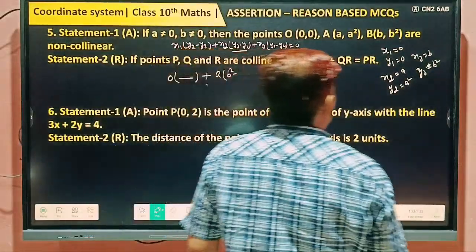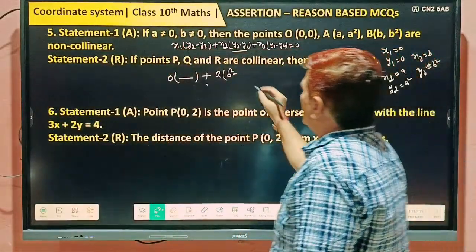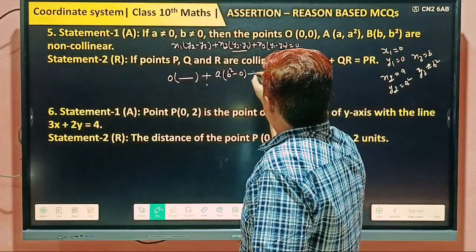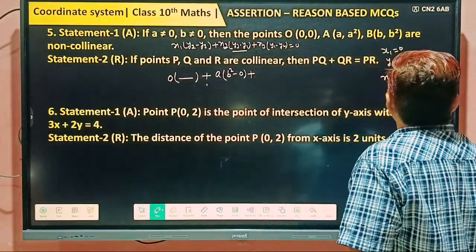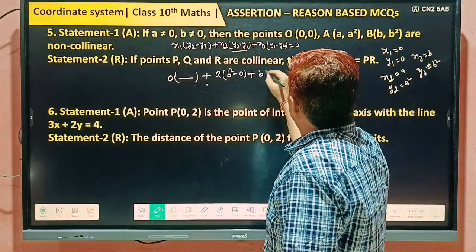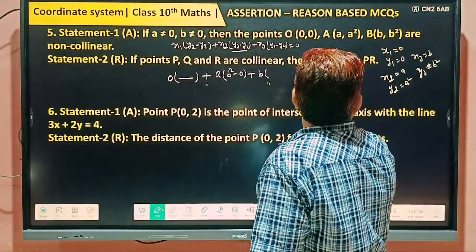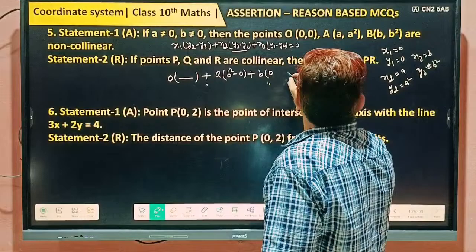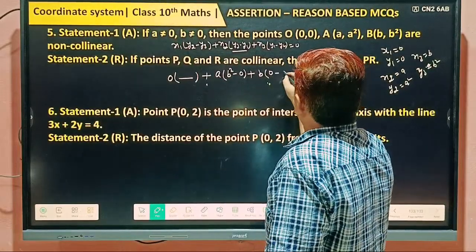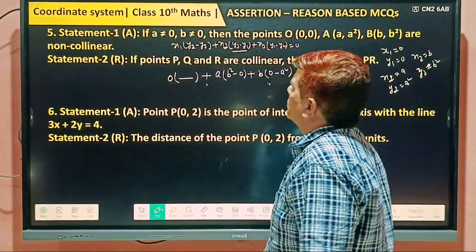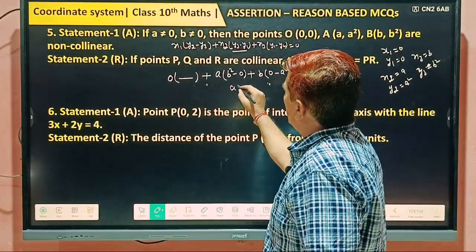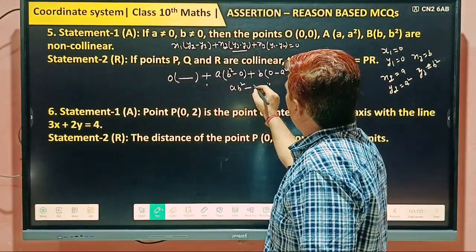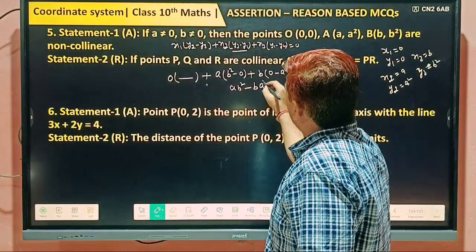Then y3 minus y1, this is 0, plus x3 which is b, into y1 which is 0 minus y2, a square. So what we can say, this becomes ab square minus ba square.